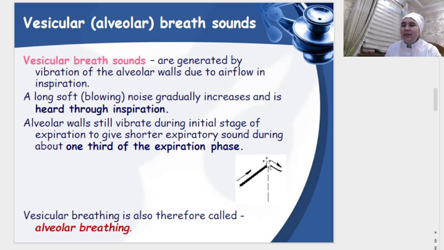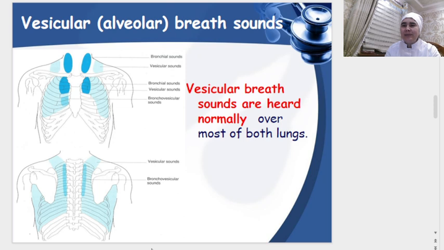This is the normal vesicular breathing sound picture. Inspiration is longer and louder than expiration, and there is no gap between inspiration and expiration. Vesicular breathing is therefore also called alveolar breathing. Vesicular breath sounds are heard normally over most of both lungs.